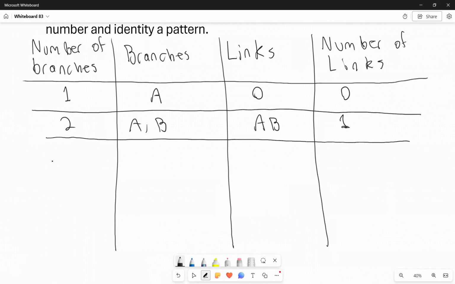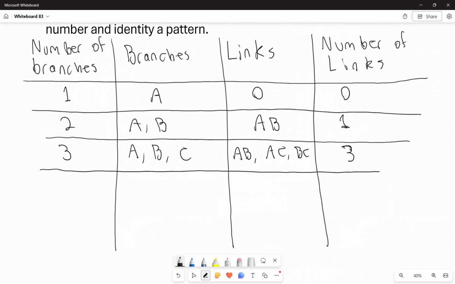If there are three branches and we link them 2 by 2, let's say that the branches are A, B, and C. There are 3 ways to link the branches 2 by 2, and those are AB, AC, and BC. So that's a total of 3 links. If it's still not clear, we can try 4.